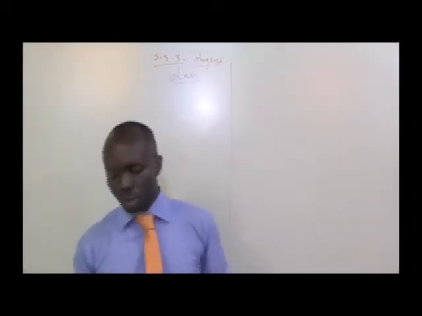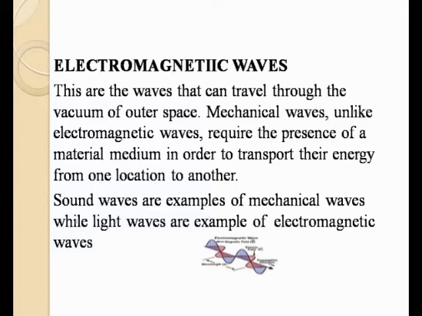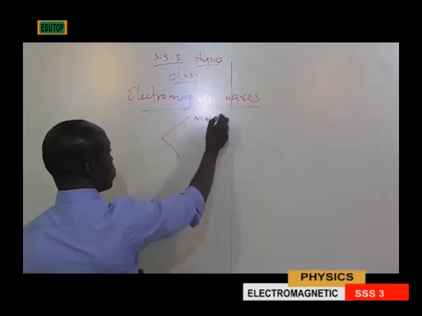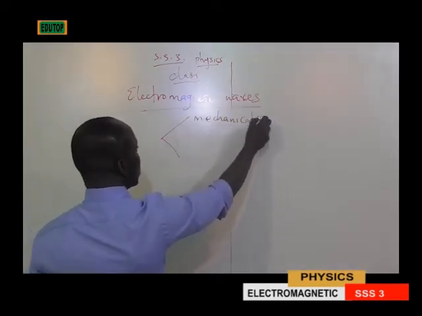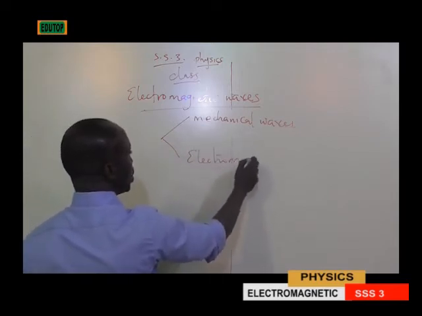Let's start afresh. Remember we said we are going to start with electromagnetic wave. In the SS2 series we spoke about two major categories of waves: mechanical waves and electromagnetic waves.